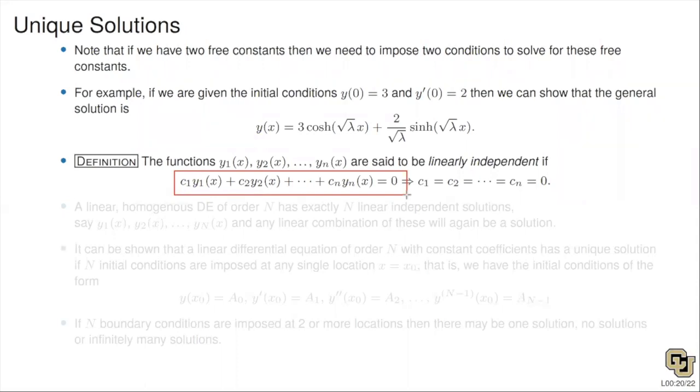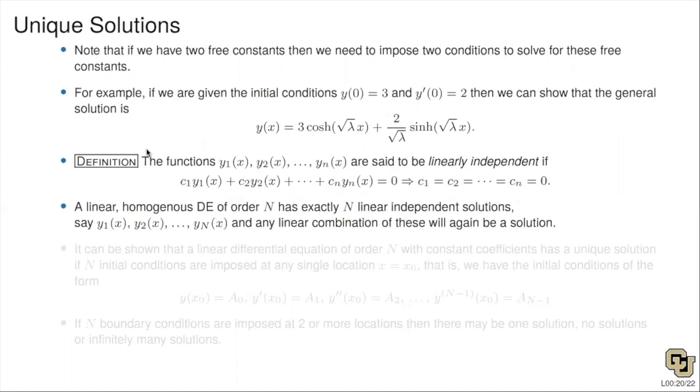We want to know, for all x, can I find some linear combination of these functions so that they'll cancel each other out? If the only way to make this sum equal to 0 is by forcing all the constants to be 0, then the functions are linearly independent. There's no way to use some of the functions to cancel out other functions. There's no shared information between the functions. There might be overlap, but only a little bit.